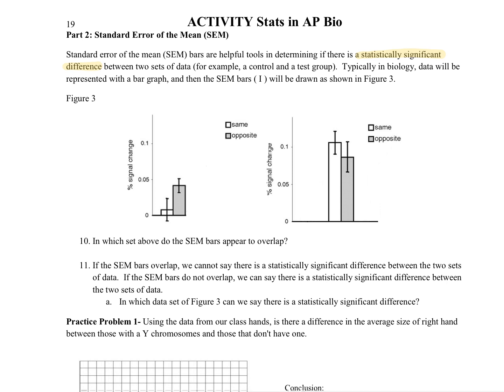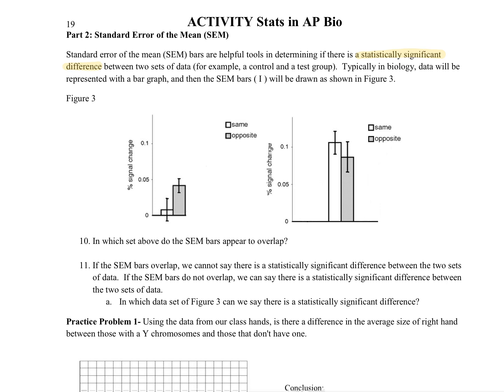Typically in biology, data will be represented with bar graphs, and then SEM bars, which are these pieces right here, will be drawn in as shown in figure 3. So when we look at the SEM bars, we have to ask ourselves the question, do the SEM bars overlap?